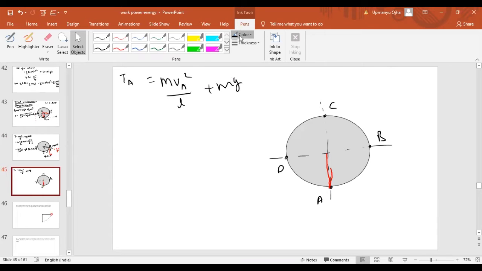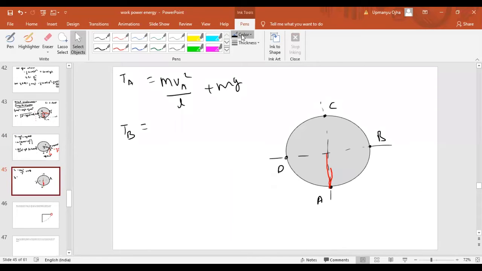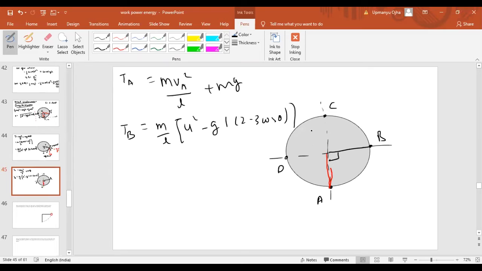Similarly, we can find the tension at point B by using the above expression. That would be m by L, u square minus gL times 2 minus 3 cos theta. This is the expression of tension at any point. Now when this string reaches point B, how much angle is it making? 90 degrees.